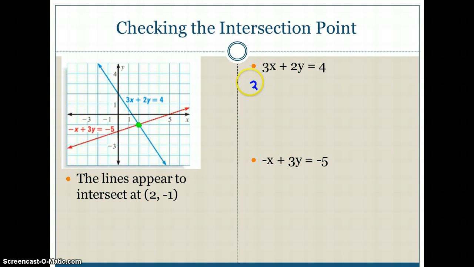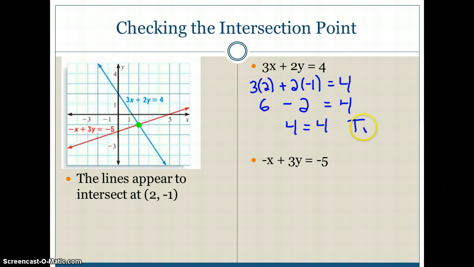So x is 2, so I have 3 times 2, y is negative 1, and I need that to be 4. Well, 3 times 2 is 6, 2 times negative 1 is negative 2, and 6 minus 2 is 4. That's true, so 2, negative 1 is a solution to that first equation.